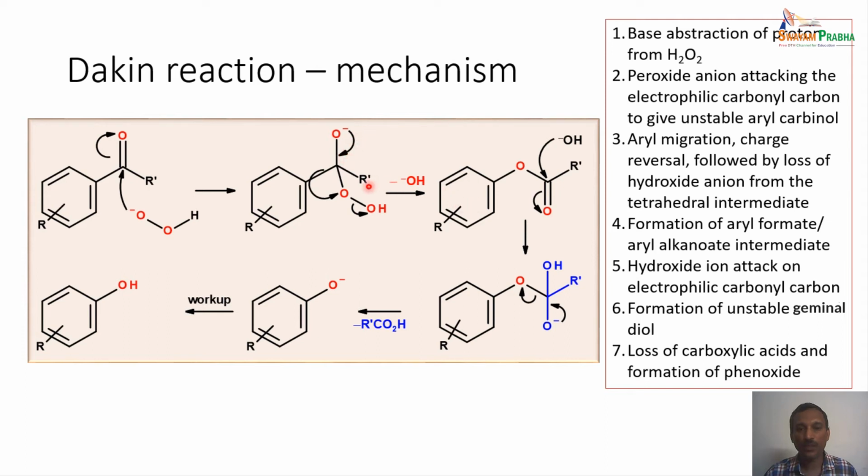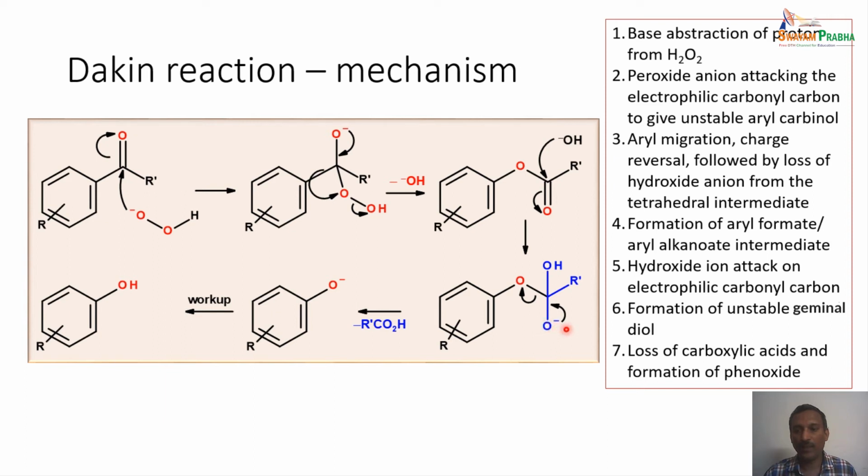Because this happens during the charge reversal step, that leads to the formation of the aryl formate or aryl alkanoate intermediate. If the R prime group is a hydrogen, this is an aryl formate intermediate. If it is a methyl group, it is an aryl alkanoate intermediate. This intermediate is attacked by the hydroxide ion. The OH minus ion present in the medium attacks this electrophilic carbon, and that leads to the formation of a carbonyl derivative as shown here.